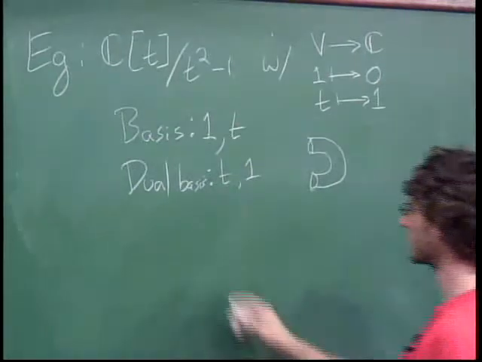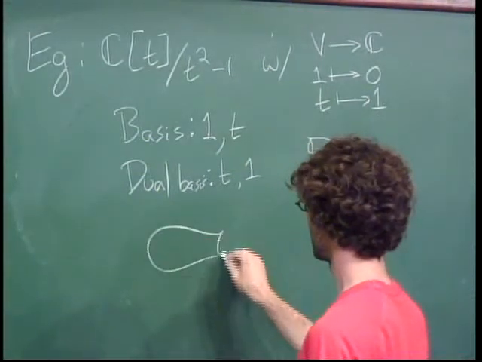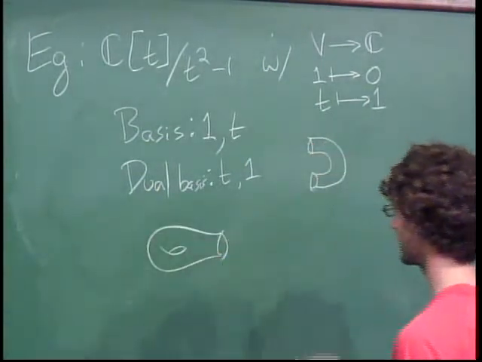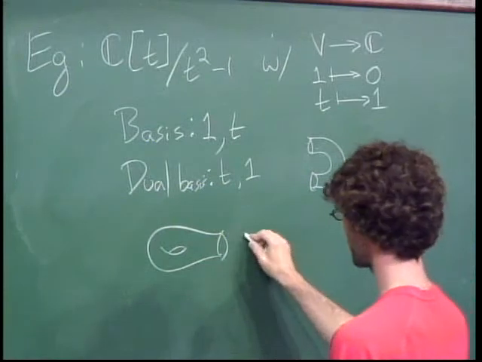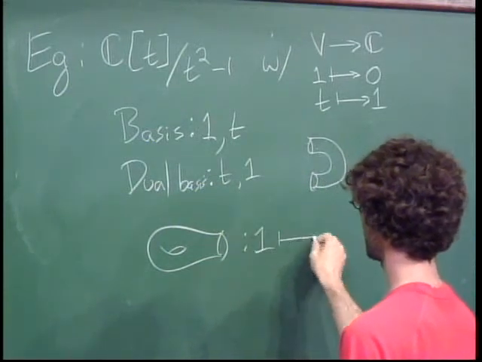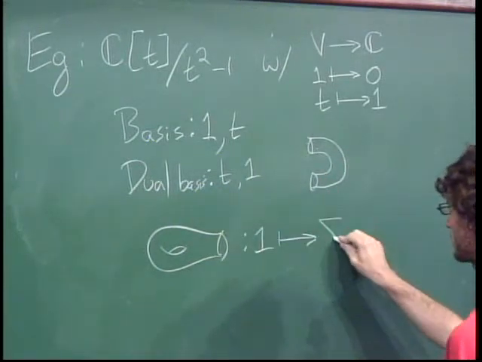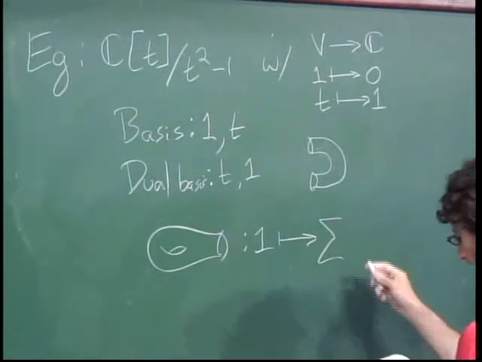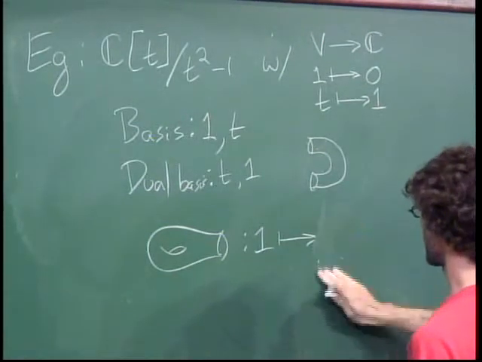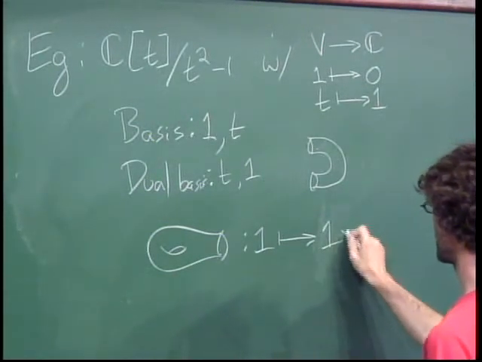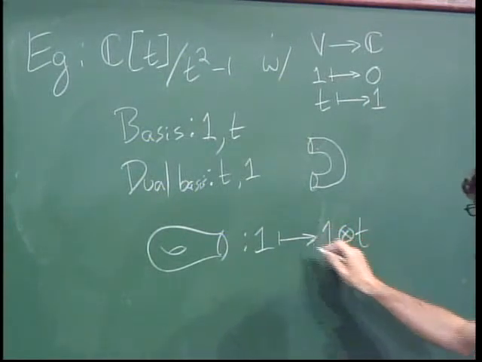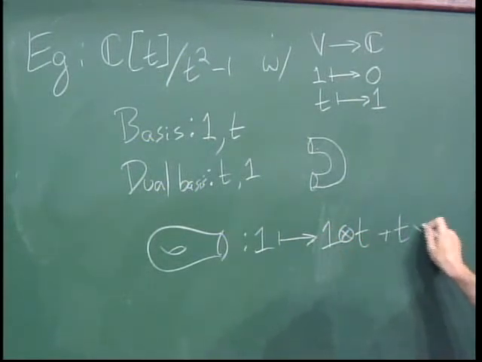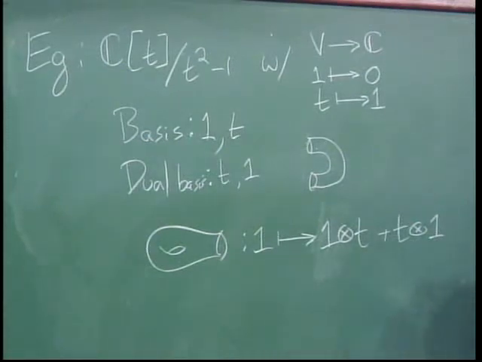So now we can compute the handle element here. What is this? Well, we start with 1, and then we co-multiply. So we go to the sum of 1 tensor its dual element T plus T tensor its dual element 1.